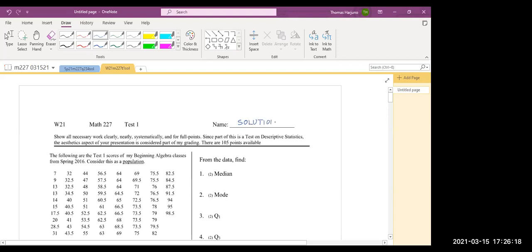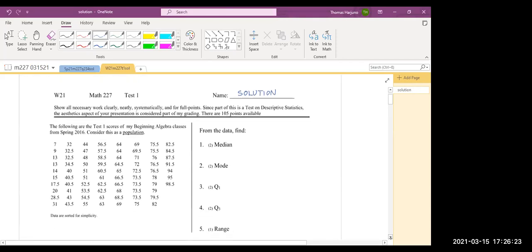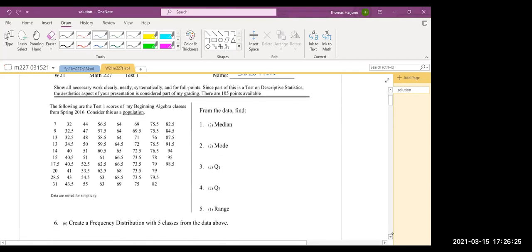Okay, did you finish the first page? Let me see how many data we have here. That's 77, and that's the population, so capital N equals 77.